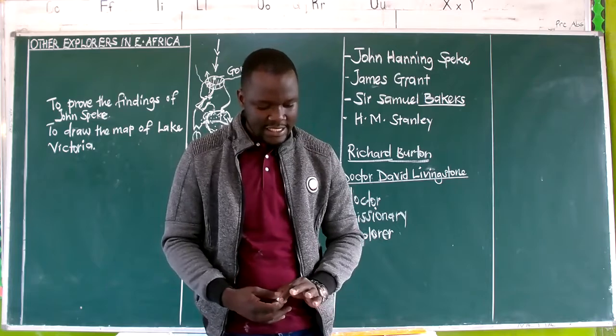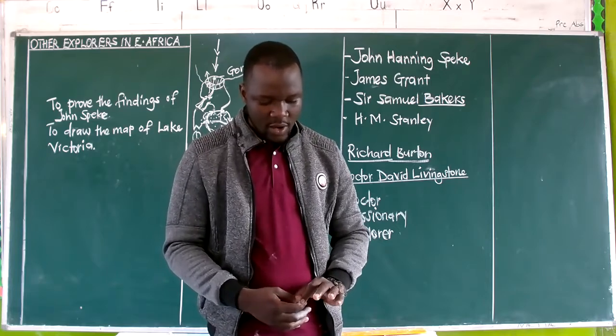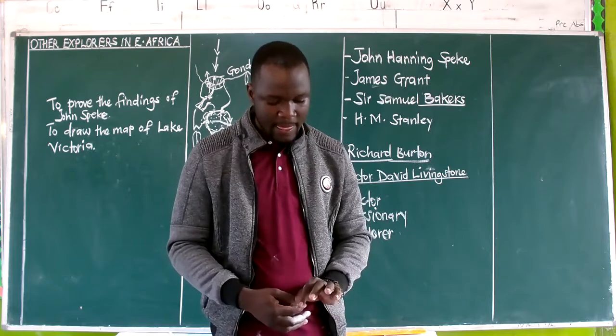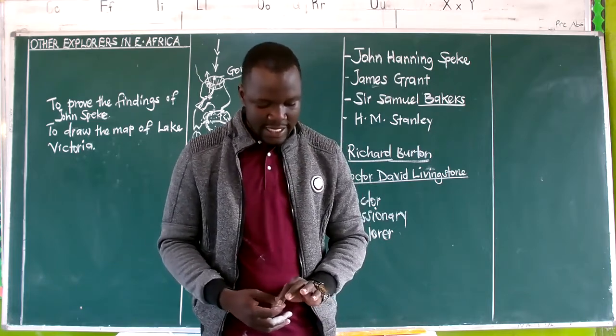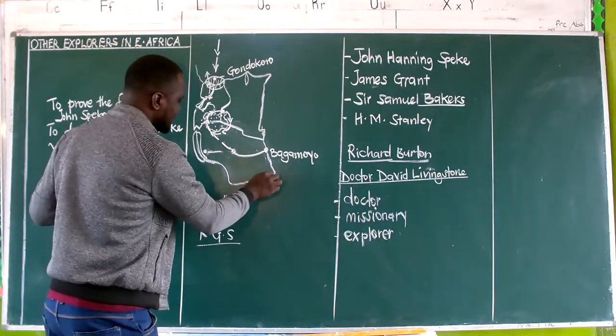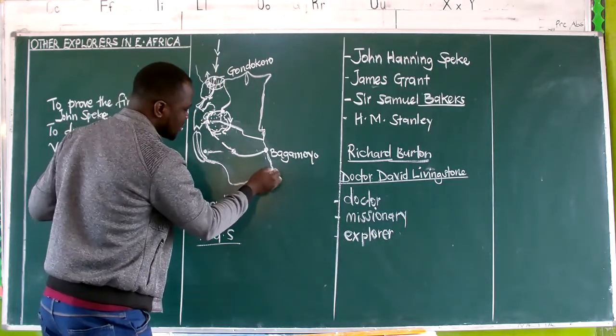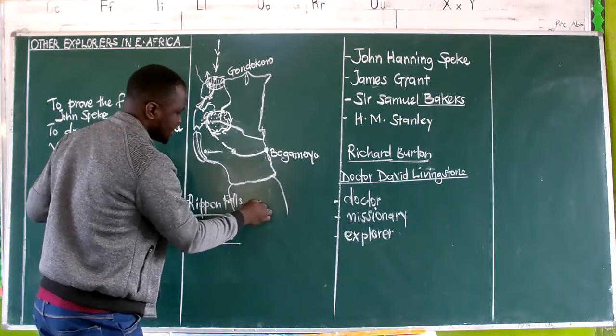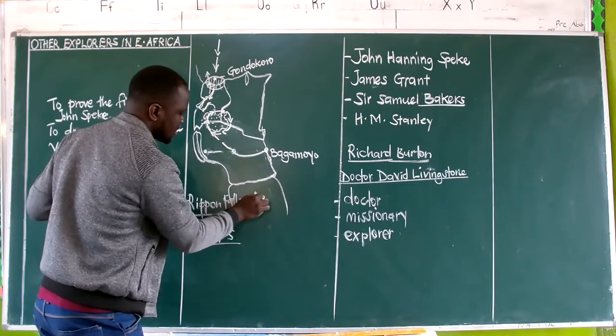So we are saying that he made journeys of exploration in southern and central Africa. He explored River Rovuma, Lake Malawi, and Tanganyika. We have River Rovuma here. This is the border between Tanzania and Mozambique. This is the country we call Mozambique.